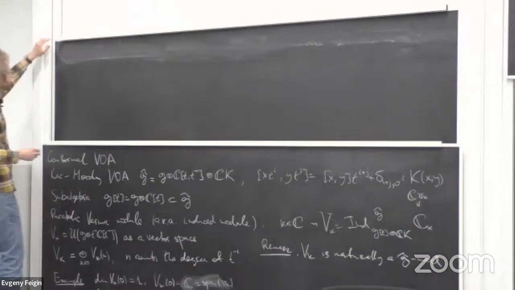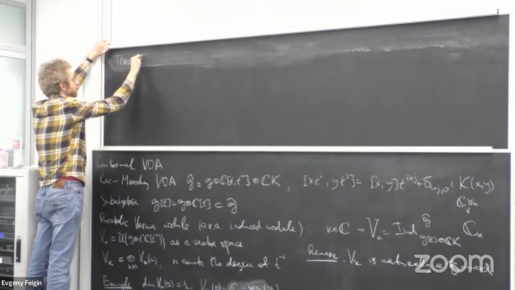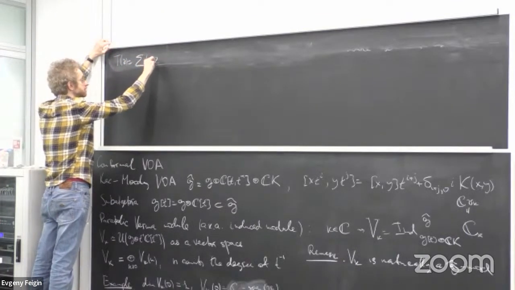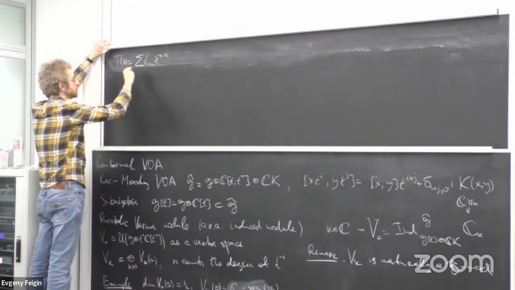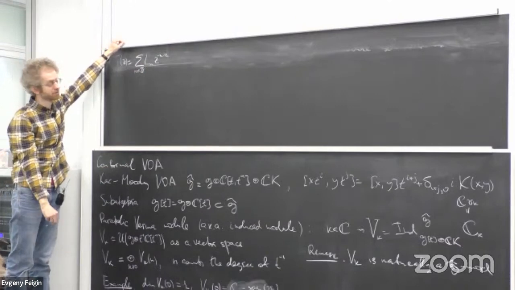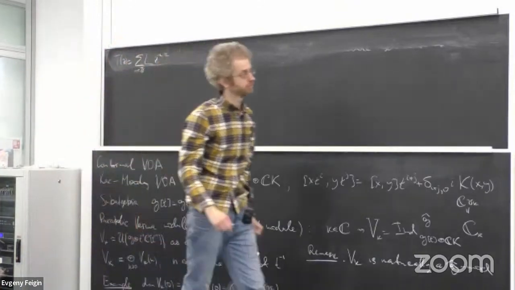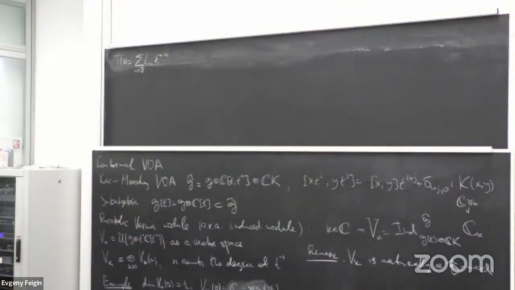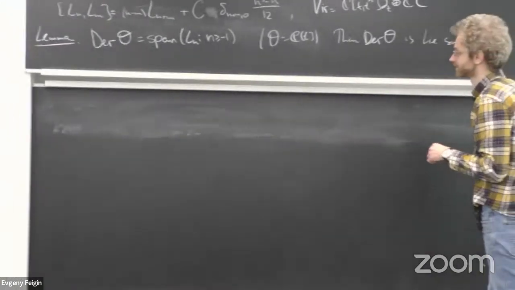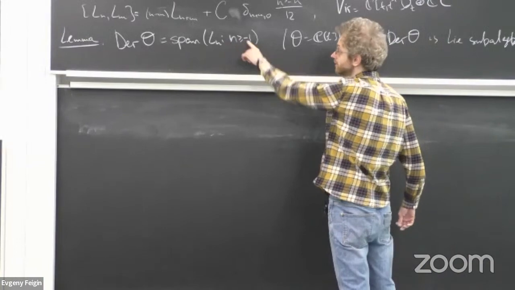So we want to organize the following series: T(z) = sum L_n z^(-n-2), n from Z. The reason for this minus 2 will become clear a bit later, but this is really the right way to write it, because you see here the subalgebra starts from n greater or equal than minus 1.